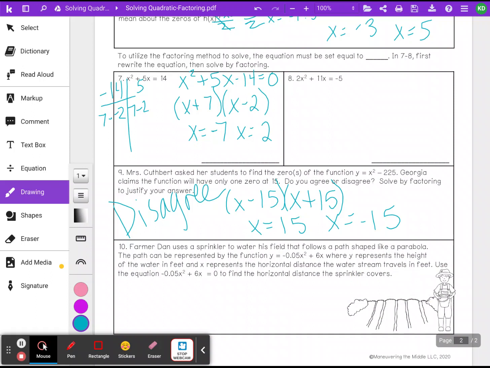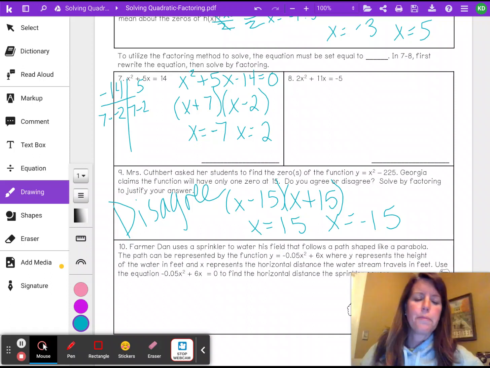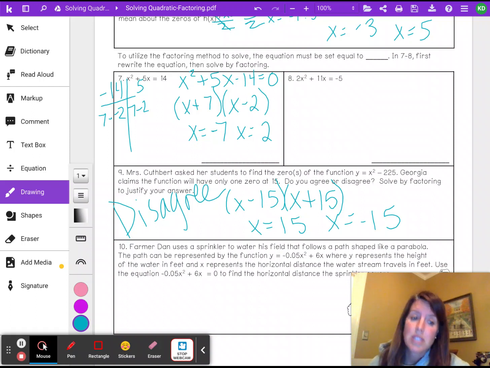It won't. Well, I'm trying to pull up the Desmos graphing calculator. Make sure you go to Desmos graphing and literally just type in y equals negative 0.05 x squared plus 6x, and you will see the two zeros.